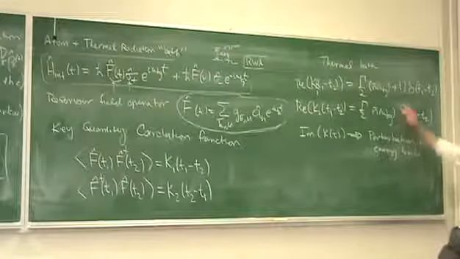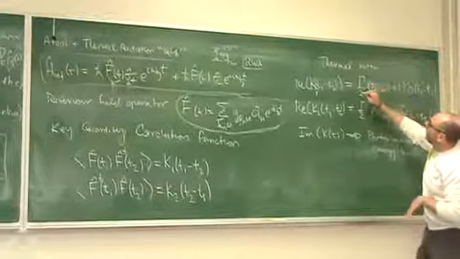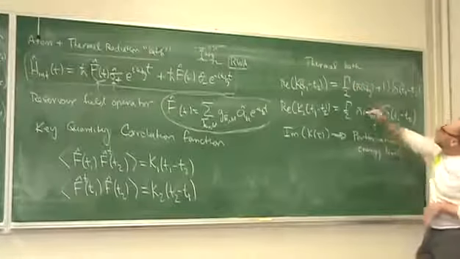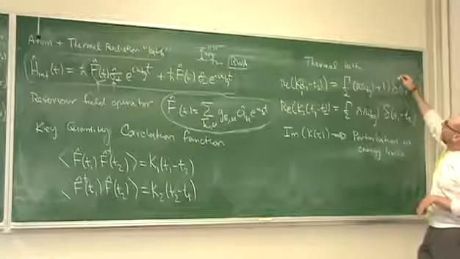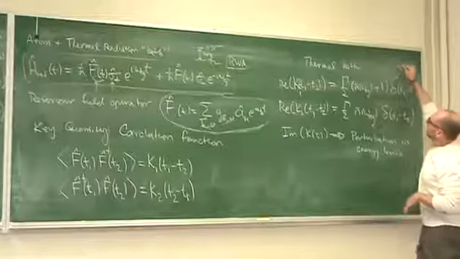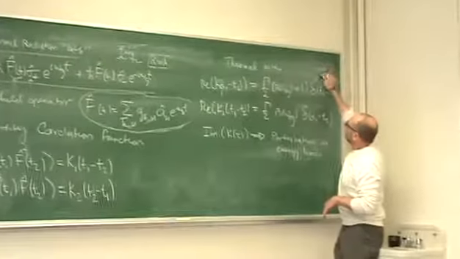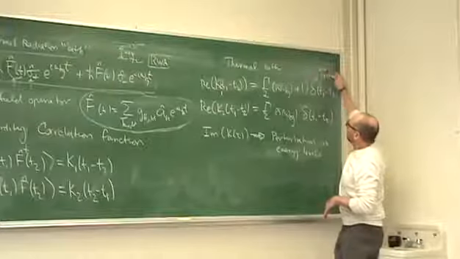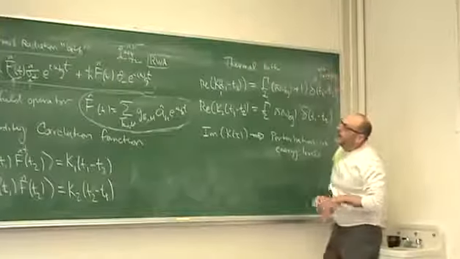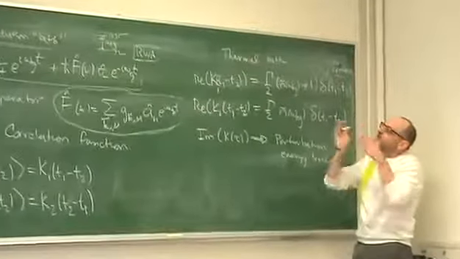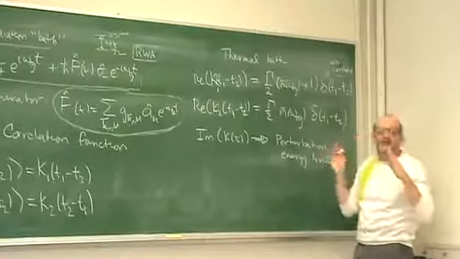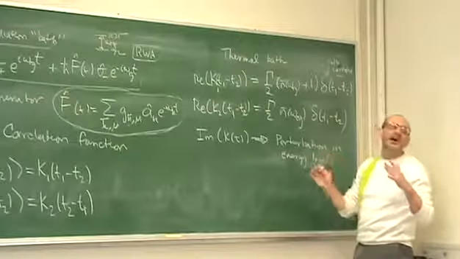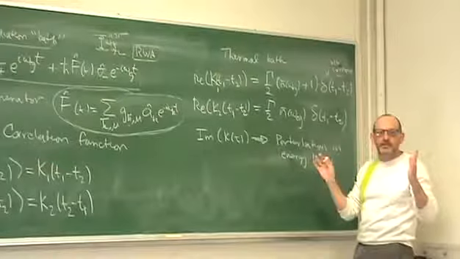All right, but this is the key here, that the correlation function is delta correlated. And that was related to the fact that the spectrum of vacuum fluctuations is effectively flat.